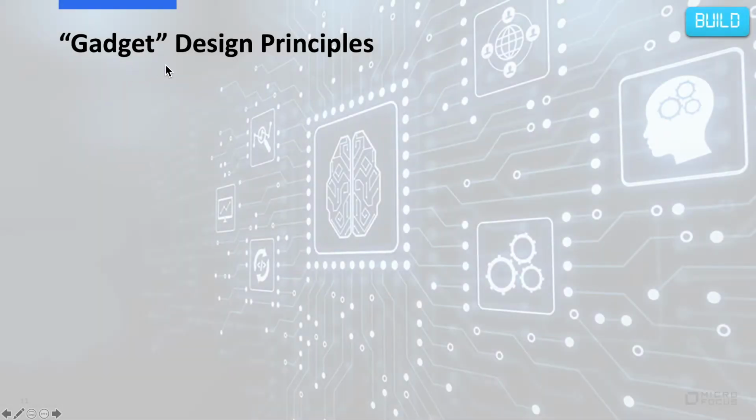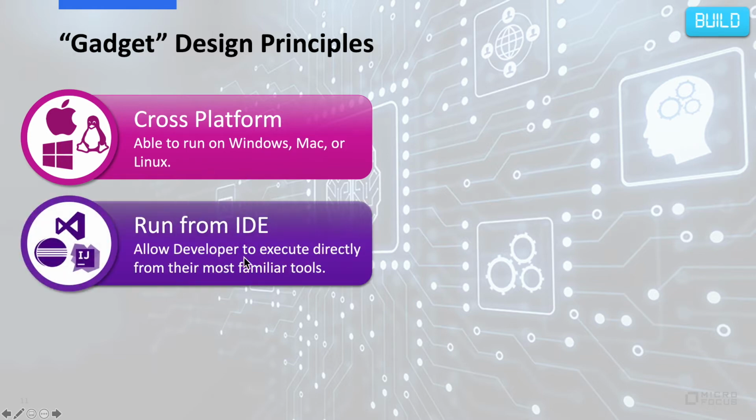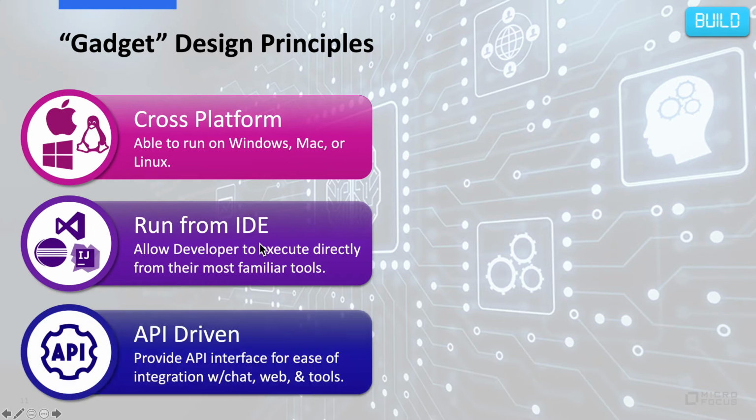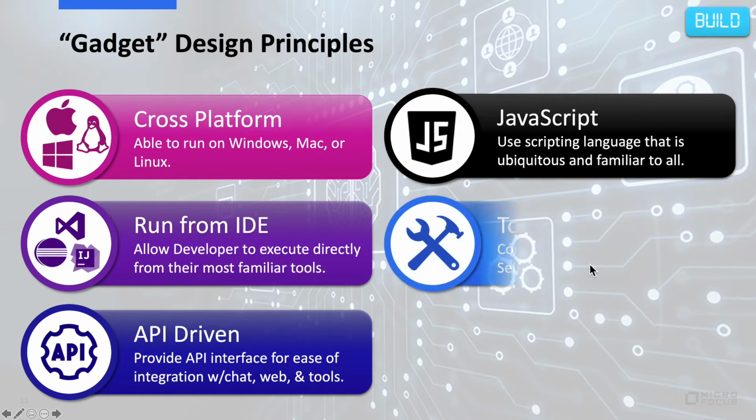Now, the gadget was designed with a couple design principles in mind. First off, it's cross-platform. It's able to run on Windows, Mac, or Linux, and the developer will be able to use whatever IDE they're most familiar with. It's all API driven, so if you feel comfortable with REST APIs, you can certainly extend it to meet your needs. It's written in JavaScript, so it's a ubiquitous language that's familiar to most developers.